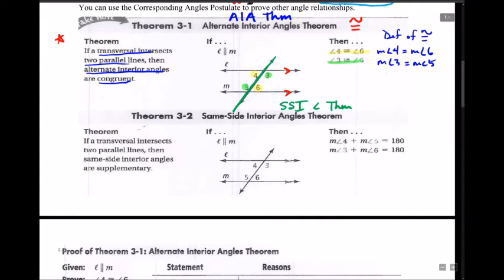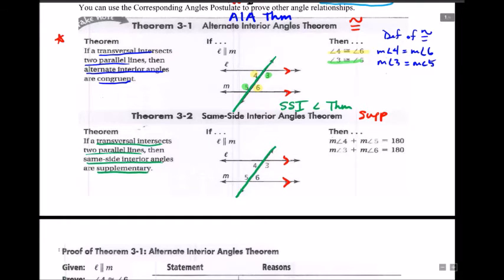If we meet our requirement, a transversal intersects our parallel lines, so let's mark our transversal. There's our parallel lines. Same side interior angles are going to be supplementary. So let's put a big supplementary up there for our SSI angles.